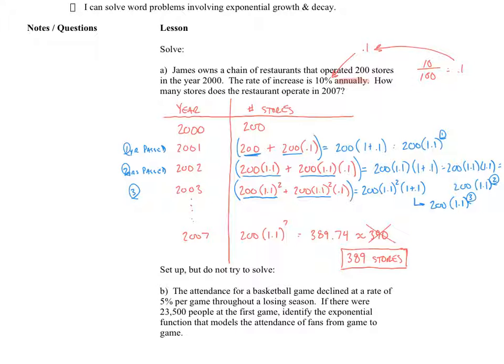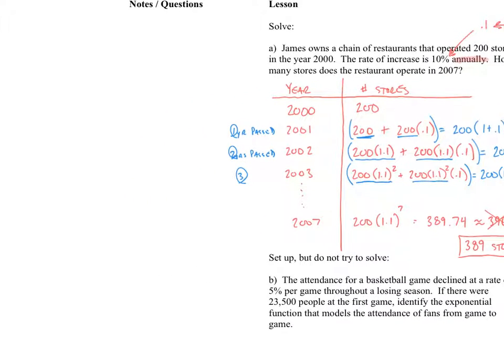So again, like I said, you may have the opportunity to show me you know this in the future for some bonus points, but this is not something you need to be able to do. What you need to be able to do is say, what have we learned from this? Well, we've learned that we've got a formula for exponential growth and decay.